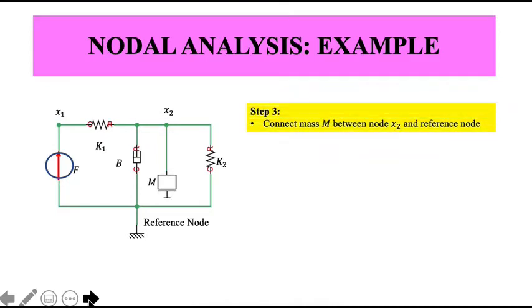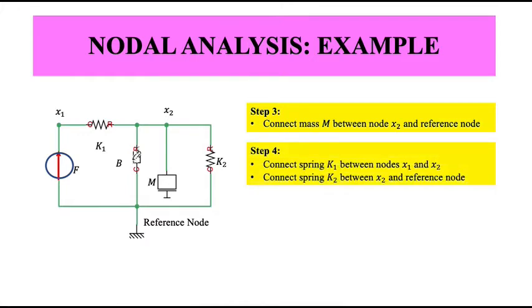Step 3 is to connect mass between node x2 and the reference node. Now step 4 was to connect K1 between node x1 and x2, and connect spring K2 between x2 and the reference node.